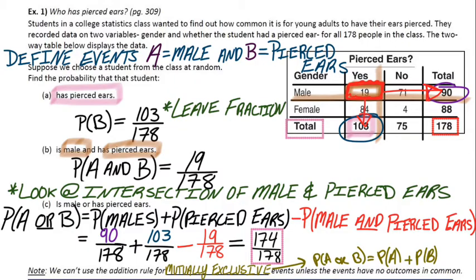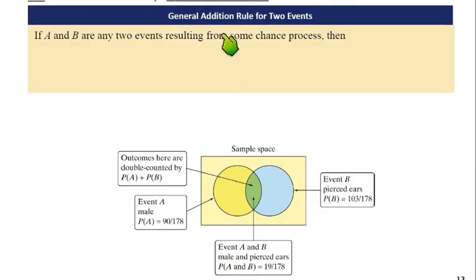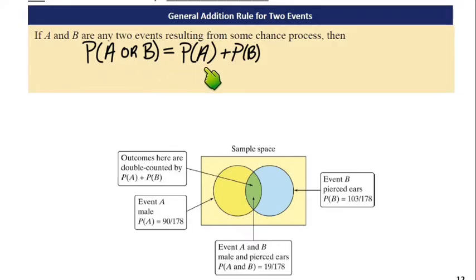All right, so what is that formula? General addition. This will cover mutually exclusive too. It says if A and B are any two events resulting from some chance process, then the probability of A or B is equal to the probability of A plus the probability of B, like we just saw, minus the probability of A and B, so minus their intersection.